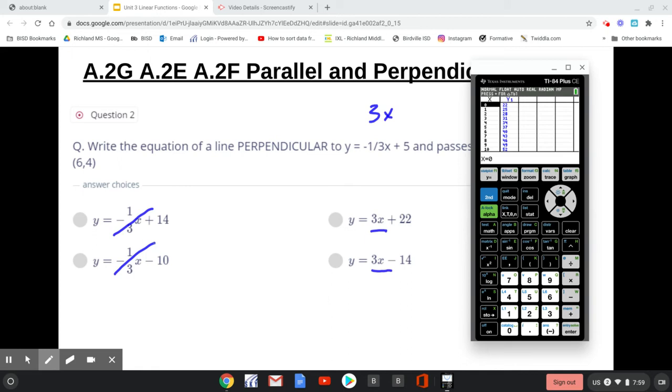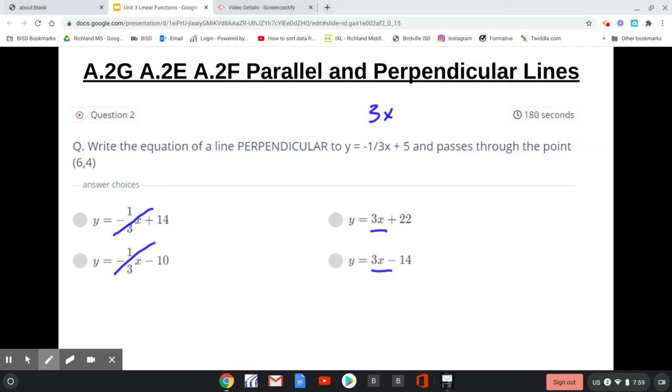So let's hit y equals, and we're going to tab over, and we're going to put minus 14. Second table, and when x is 6, y is 4, and that one works. It's right there. So our answer is this one.